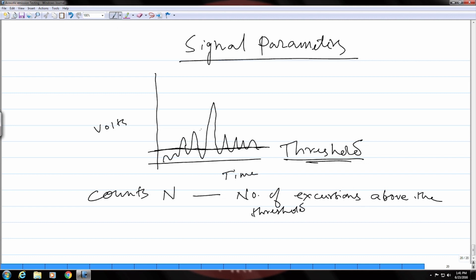So, all these peaks that you see above the threshold are considered as counts, or if you take the numbers, that is the count. And this has to be a function of the threshold, because that is how you count it, anything above the threshold.